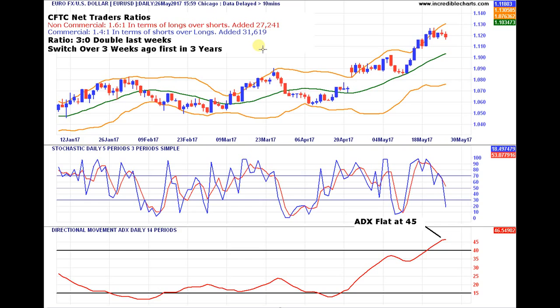So what we've seen effectively, I just want to highlight this gap here. This was when Macron won the election in France, saw a move up. We did retrace back, see, 2 tests of the 20-day moving average, and then a really accelerated uptrend. And now, the accelerated uptrend was done on basically the view the ECB are going to raise interest rates.